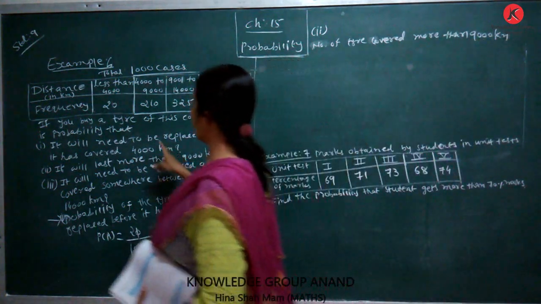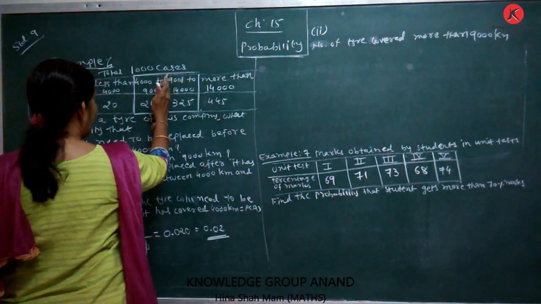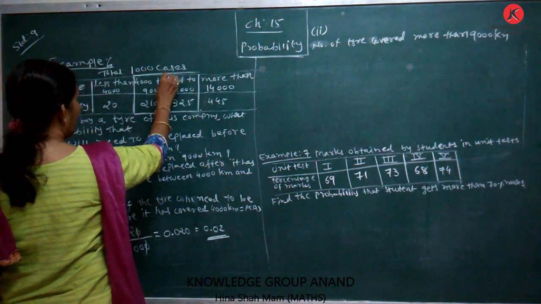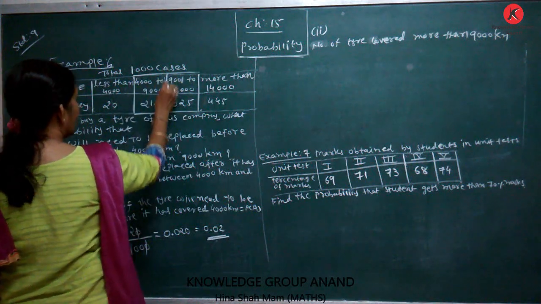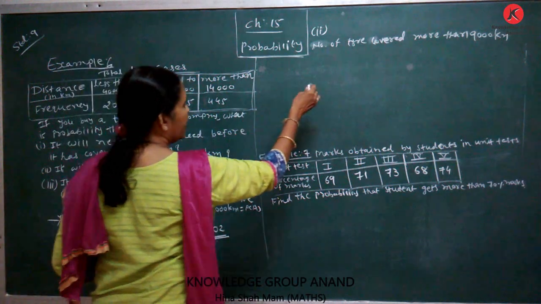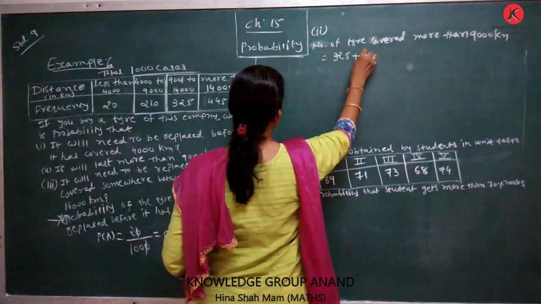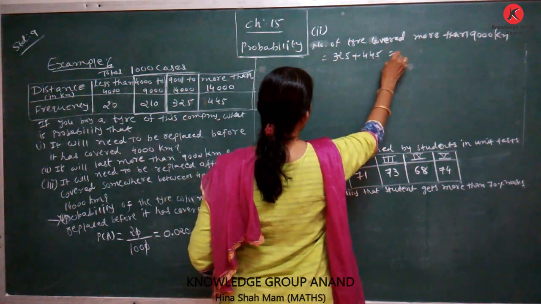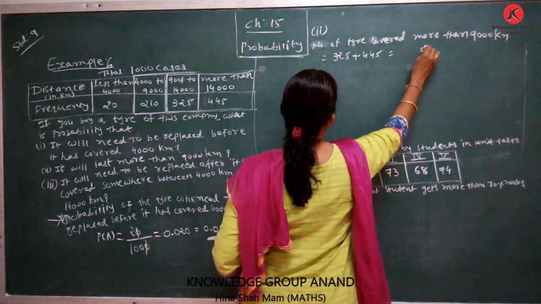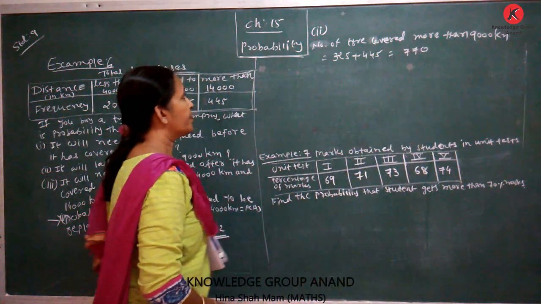First we find the number of more than 9,000 kilometers. Here up to 9,000 is the first column and second column. Less than 9,000. More than 9,000 will be equals to 325 plus 445 is equals to 770.